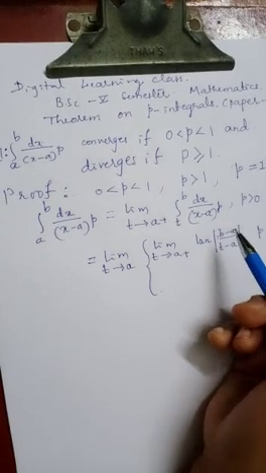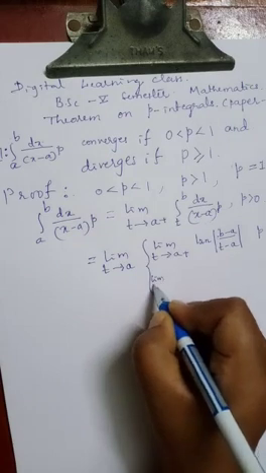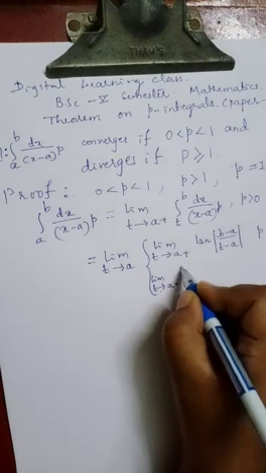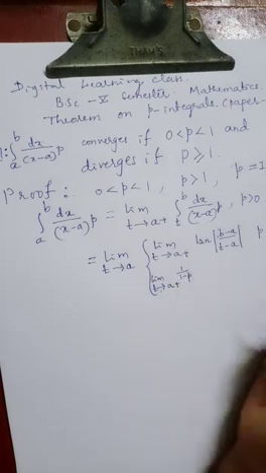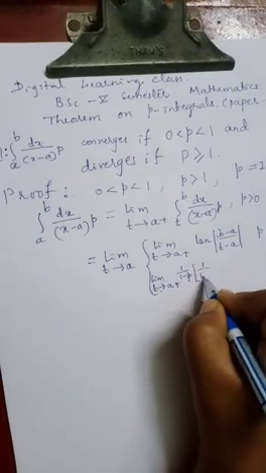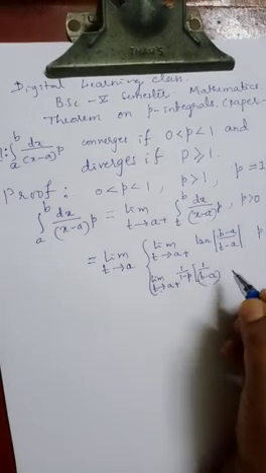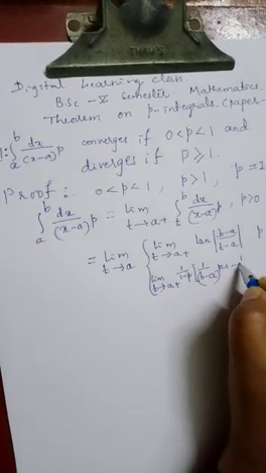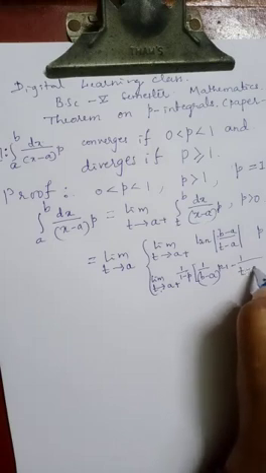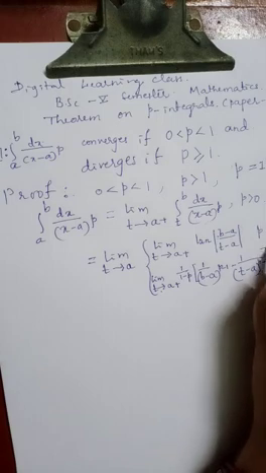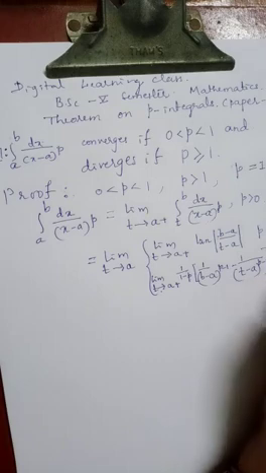After substituting the limits and taking the limit as t tends to a plus, we get 1 by 1 minus p into the brackets 1 by (b minus a) raised to p minus 1, minus 1 divided by (t minus a) raised to p minus 1. So this is the case when p is not equal to 1.